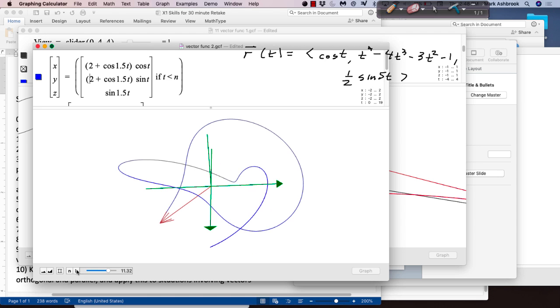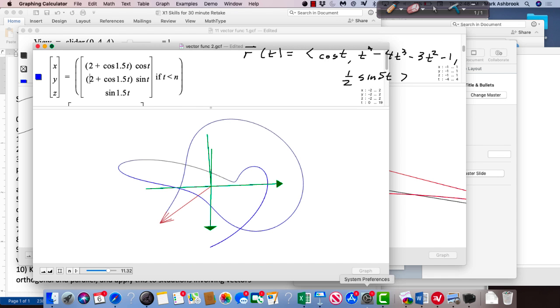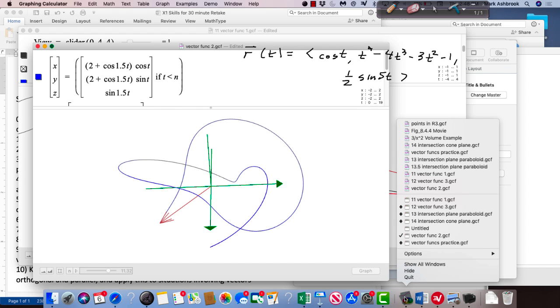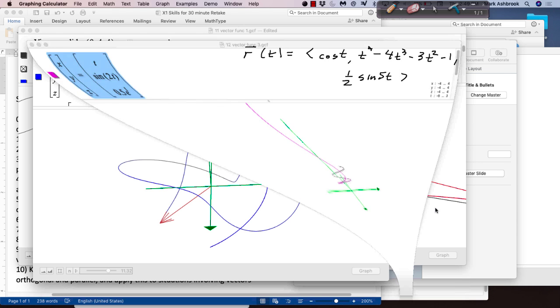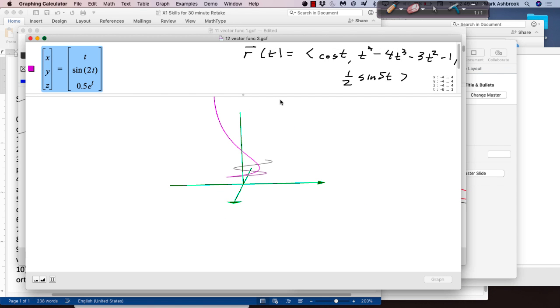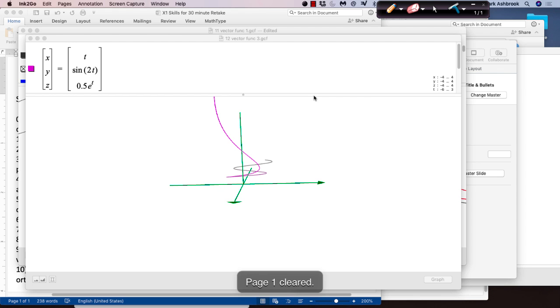Okay, so let's look at this one that I had built before. This is a little more basic vector function.